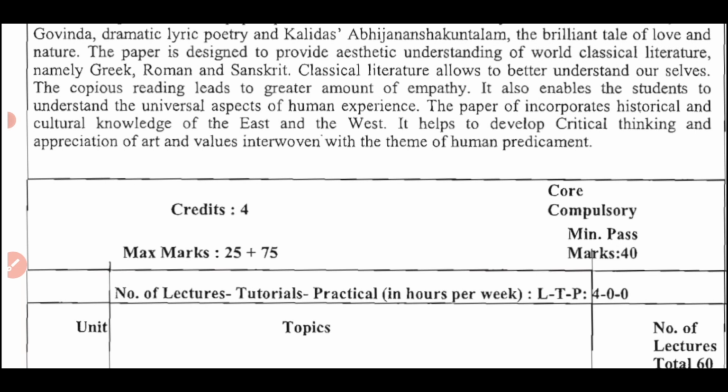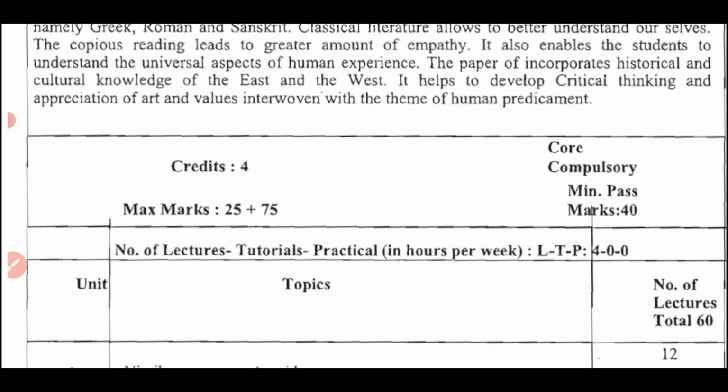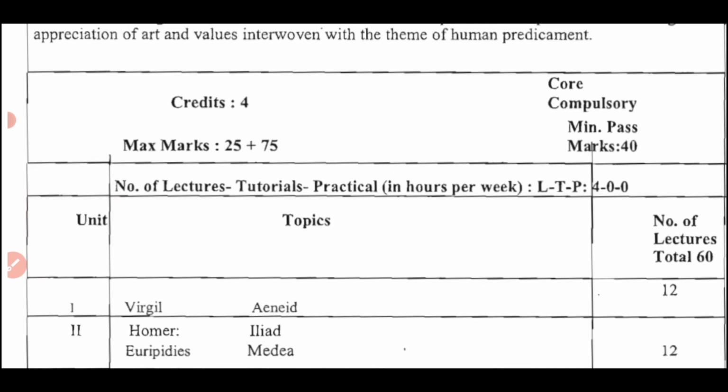Now let's look at the 5 units. The syllabus is divided into 5 units, so let's discuss them one by one. Unit 1, Virgil's Aeneid. The first unit deals with Virgil's Aeneid.